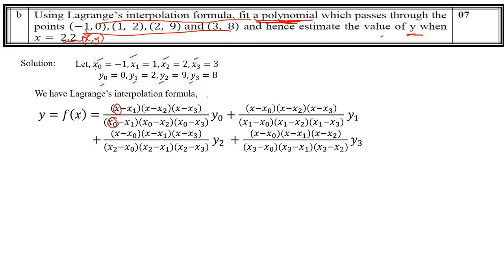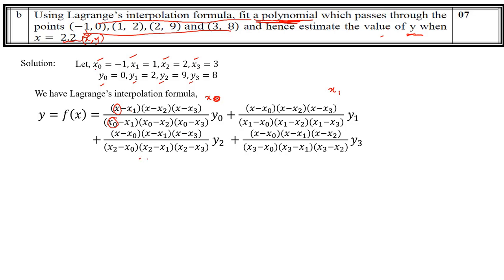For the first term, I left out x0. For the second term, I will leave out x1, so I will consider the remaining terms x0, x2, x3. The numerator will be x minus x0, x minus x2, x minus x3, all divided by x1 minus x0, x1 minus x2, x1 minus x3, multiplied by y1.